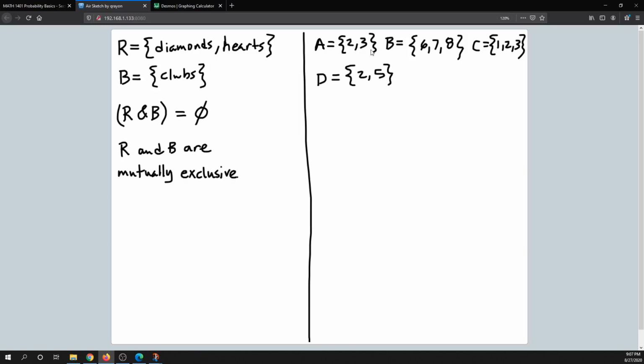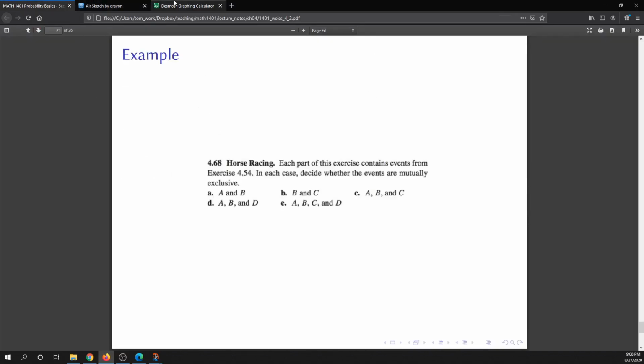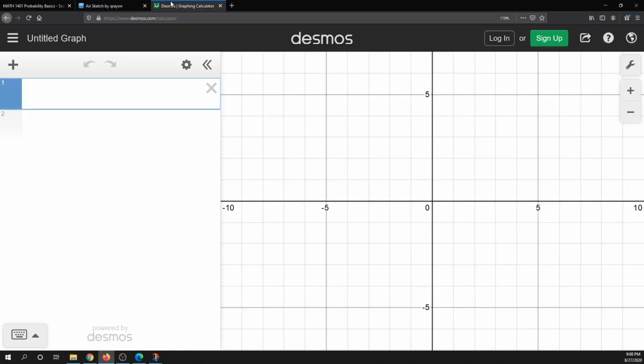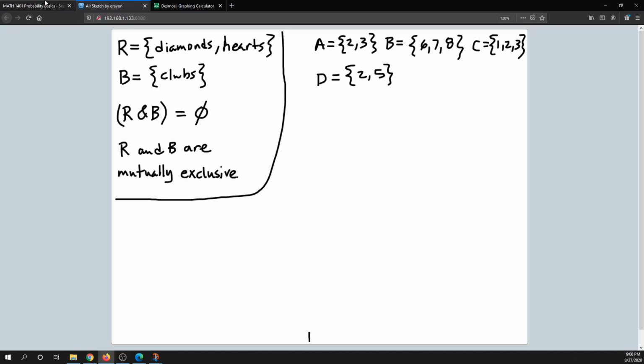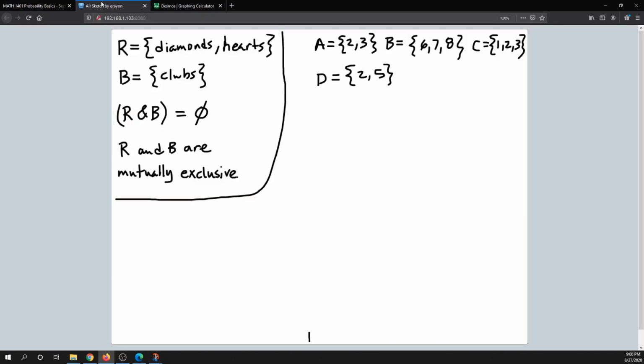Let me make a little bit more room here. First off, in part A on 4.68, they want to know: are A and B mutually exclusive?